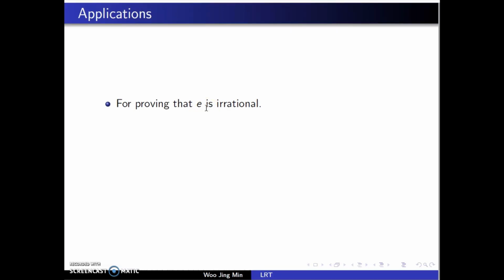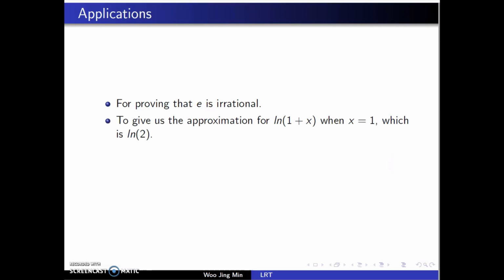There's also the fact that it can give us an approximation for ln of 1 plus x when x equals 1, which is ln 2. For other values, we're well aware it doesn't work, but when it comes to x equals 1, the Lagrange remainder does converge to 0. So it does still work to some extent.